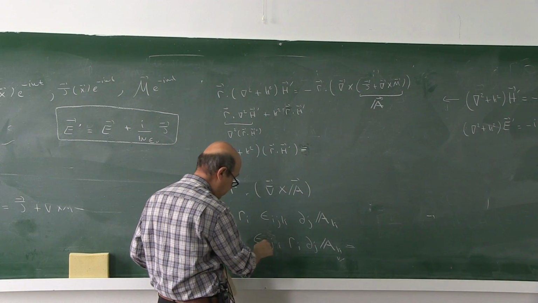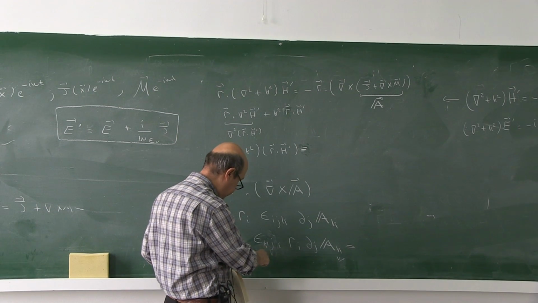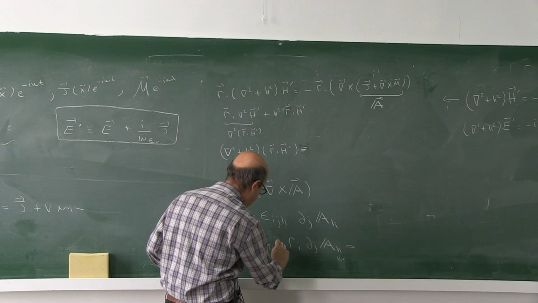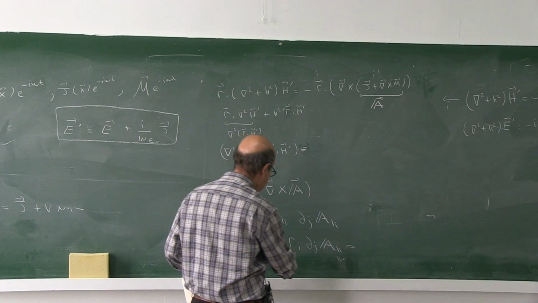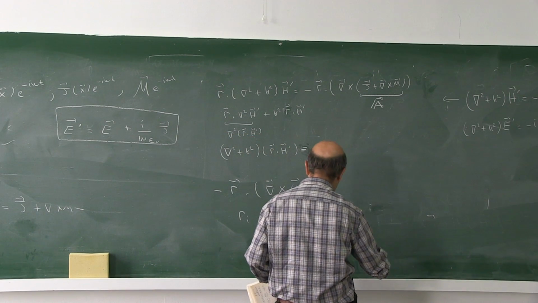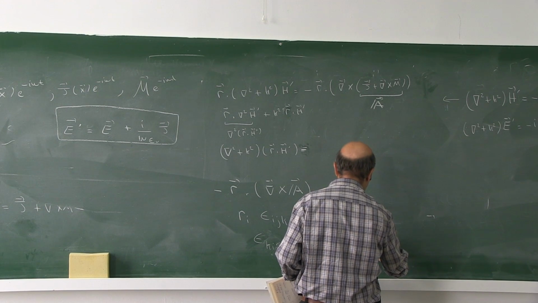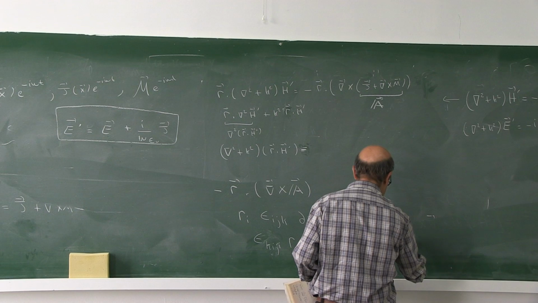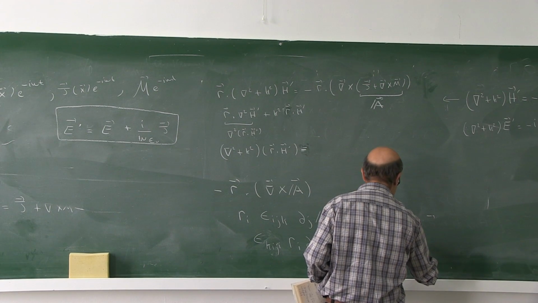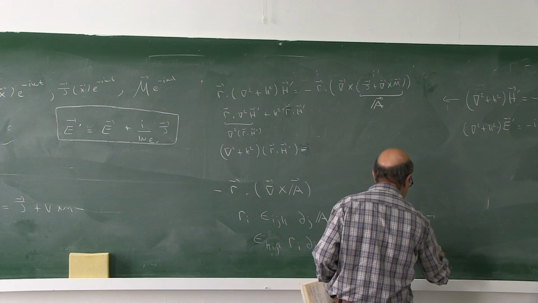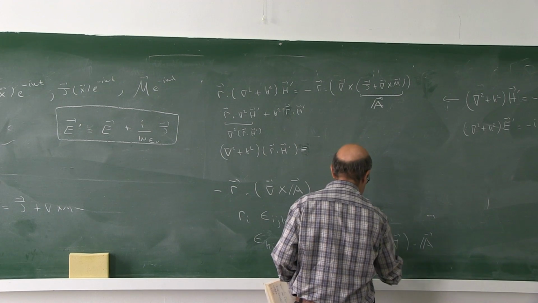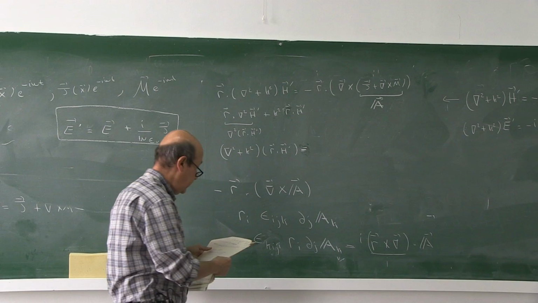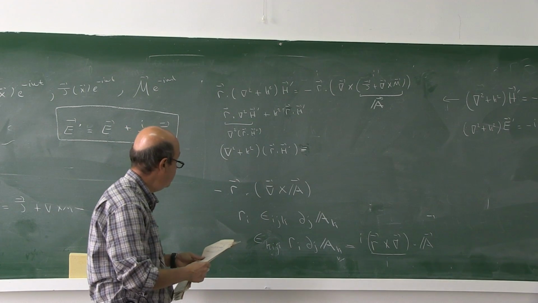If you take the k to here, that becomes k i j, and that is nothing but R cross gradient dot product A. If you multiply by i and divide by i, one of them will be the angular momentum operator.